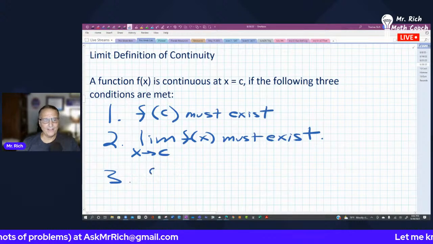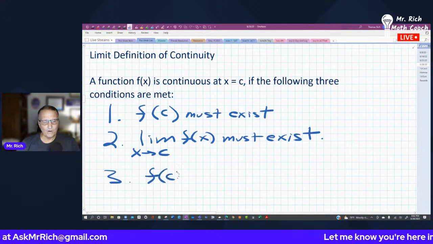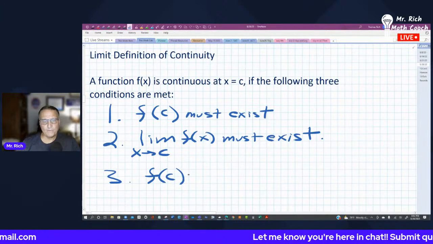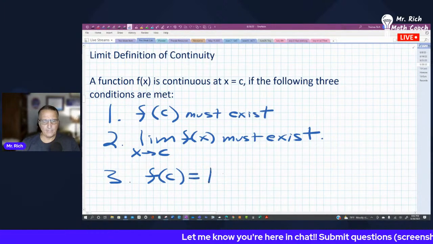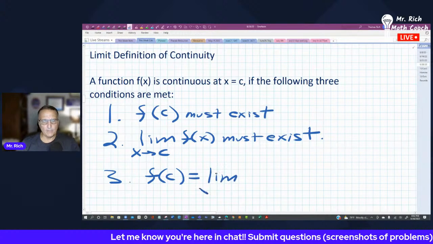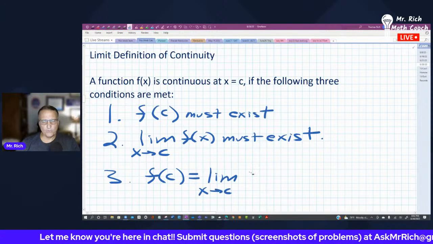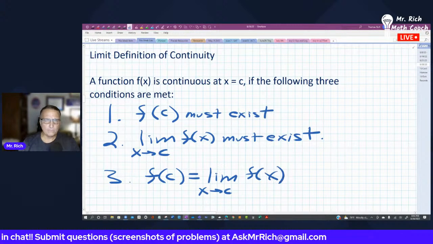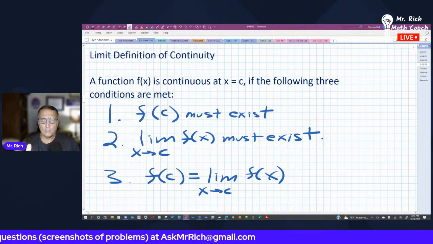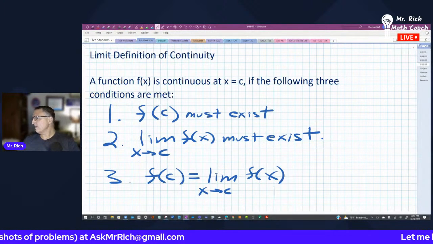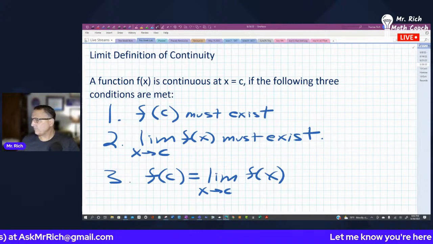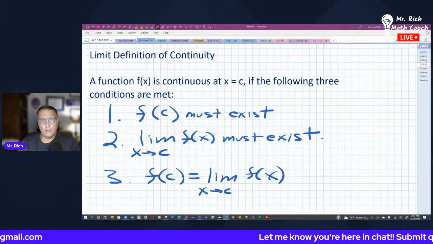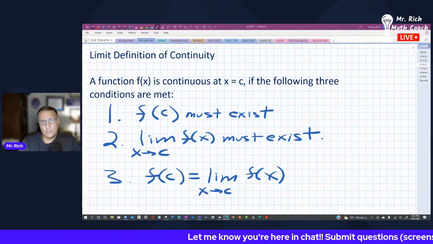So this is the third requirement. That value, f of c, has to be equal to the limit as x approaches c of f of x. And you'll see that for all of those graphs we just looked at, not all 3 of those conditions were met.